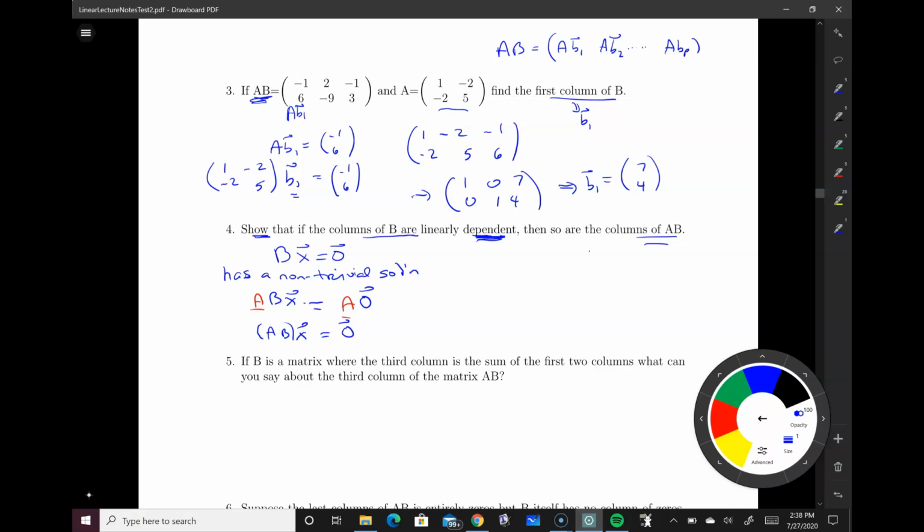Here I had x being not 0, so there is a non-trivial solution. I still have ABx equals 0. So this shows that ABx equals 0 has a non-trivial solution, and so that means that the AB matrix has linearly dependent columns.